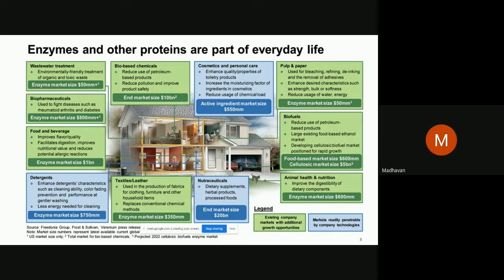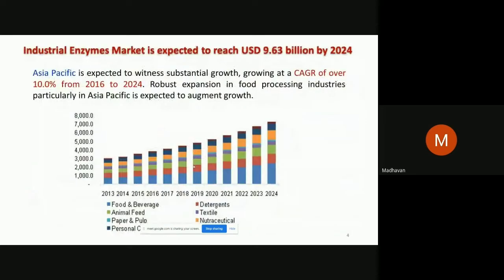Now we come to the influence of enzymes, and the demand for enzymes keeps on increasing. The industrial enzyme market is expected to reach around 10 billion by 2024.